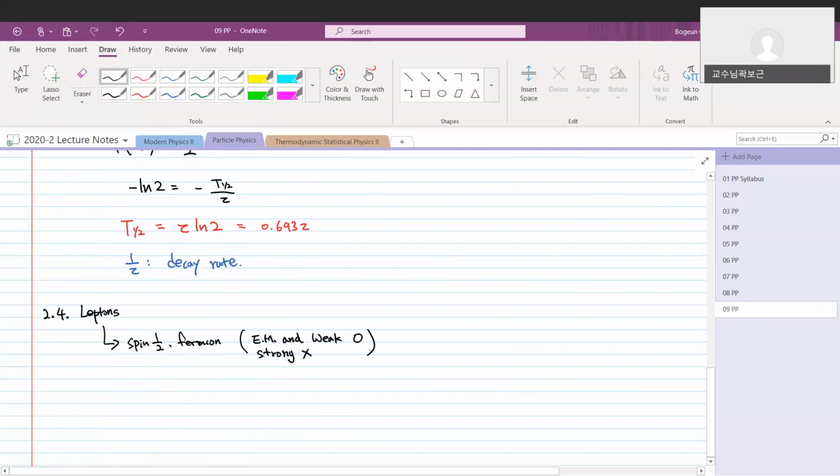And there are 6 leptons in our nature: electron, muon, tau, and electron neutrino, muon neutrino, and tau neutrino.